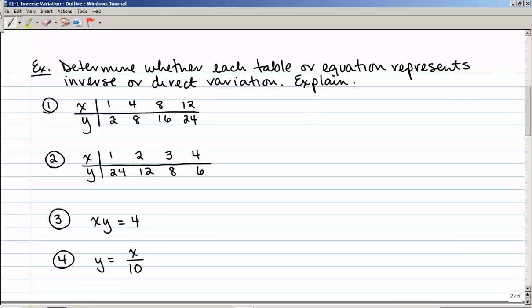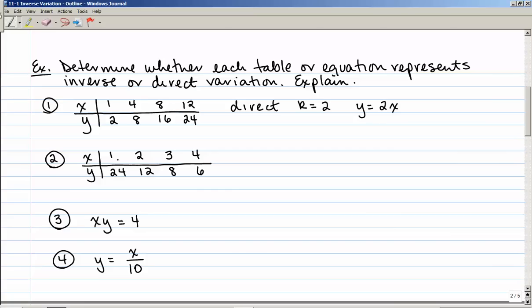So 2 times 1 gives you 2, 2 times 4 gives you 8, 2 times 8 gives you 16. So this is an example of direct variation because k is equal to 2. Every time, to get my y value, I multiply my x by 2. And the equation of this would be y equals 2x.